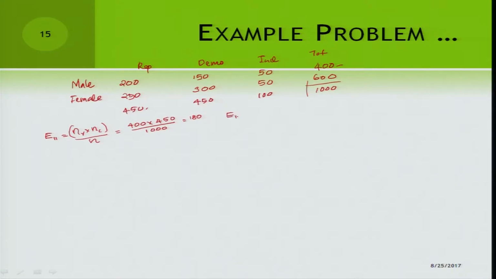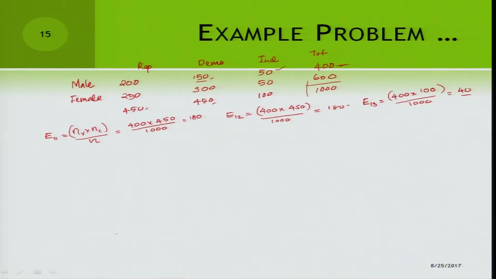E12, the second one, is 400 times 450 divided by 1000, which again gives 180. Then E13 is again 400 as the row value, the column value is 100, divided by 1000, and you get 40.